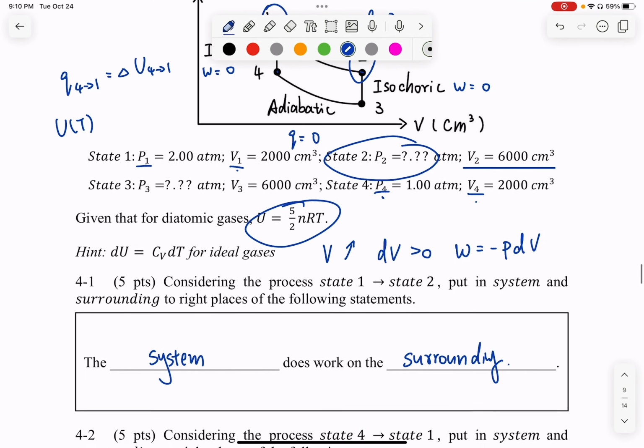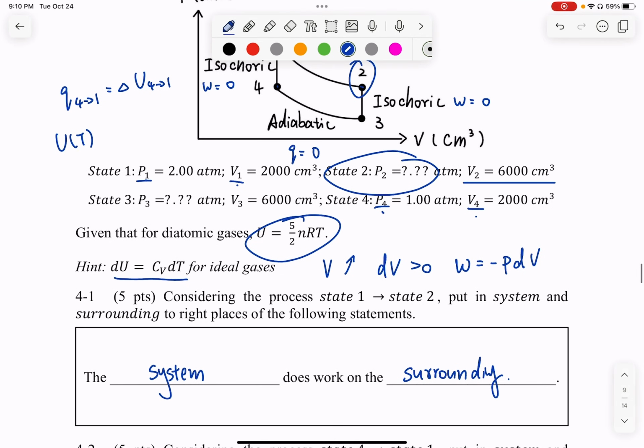And as we read from the hint, we have dU equals Cv dT for ideal gases, or delta U equals Cv delta T. In this case, we can easily read Cv equals 5 over 2 nR for the ideal gas.